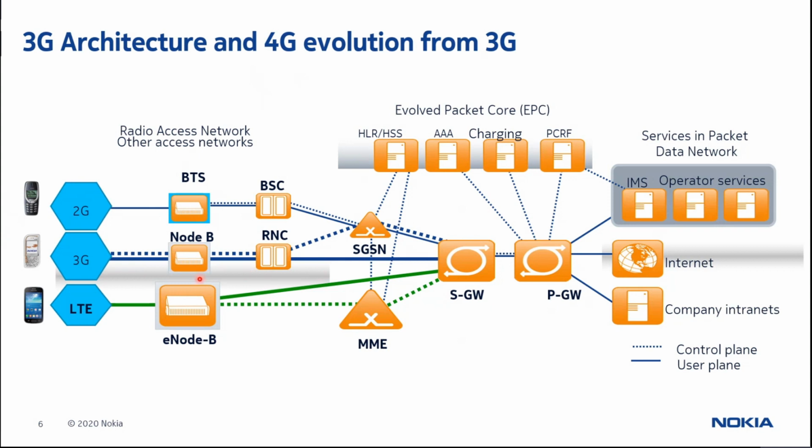So charging is also done by SGSN. SGSN is also important in the context that there is some kind of a location update done. So it critically tracks the location of a particular subscriber.